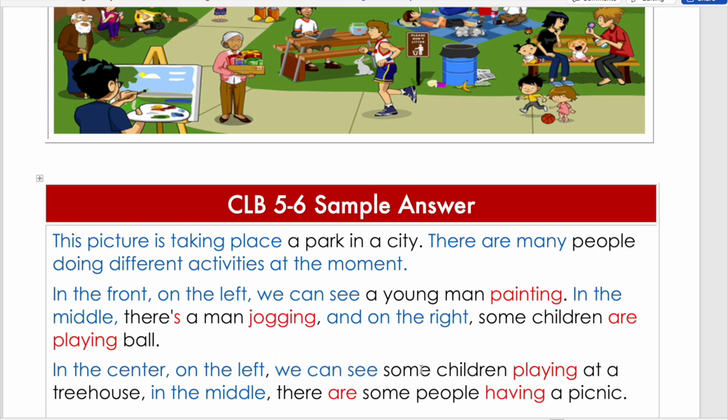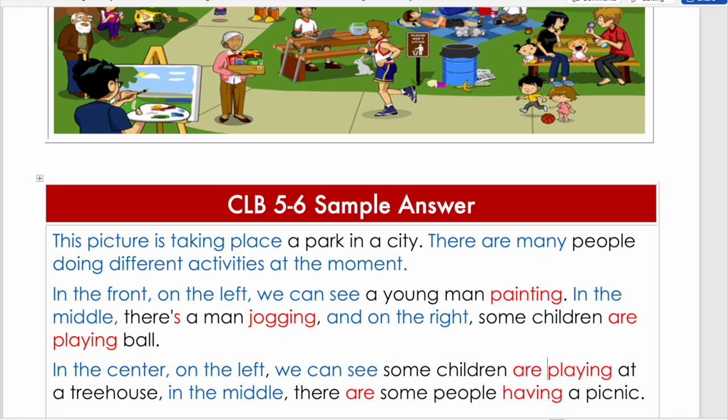We can see some children playing at a treehouse, or we can see some children who are playing at a treehouse, or we can see some children are playing at a treehouse. All three are okay. Okay? Only when we use we can see.